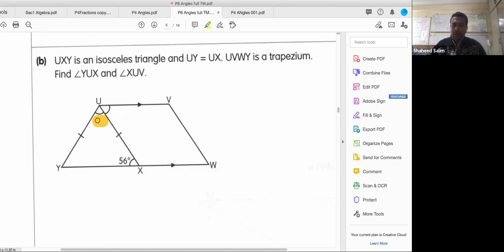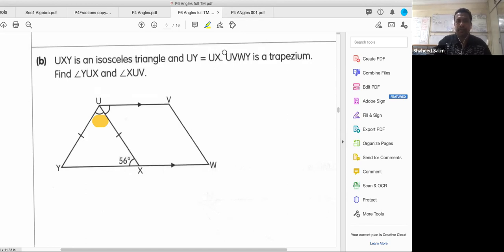Akil, well done for YUX also. Who else? Zahin almost there, made a calculation error. YUX is still wrong. Yes, Putri, correct. So well done, those who got it.